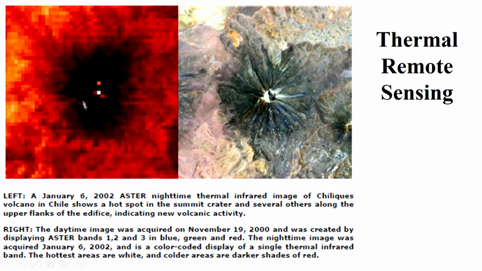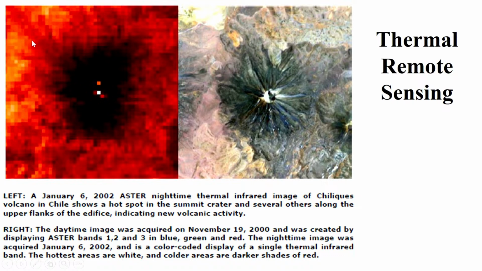It means that very little thermal emission is detected, so the temperature in this location is very, very low. Now if you move outside, here we see very high, or you can say moderately high, thermal emission. It means that high temperature is sensed for this location.